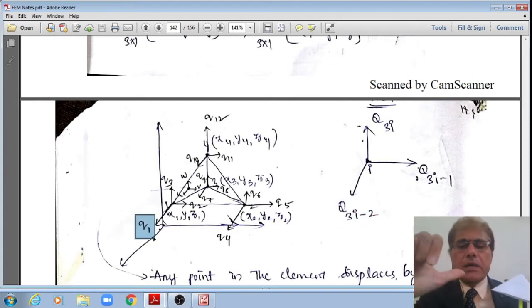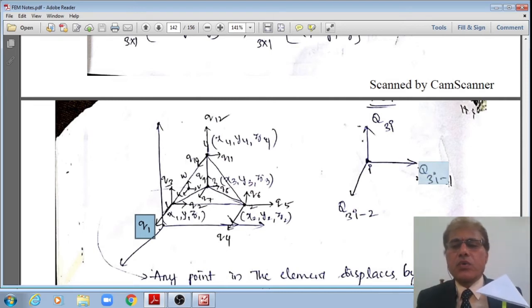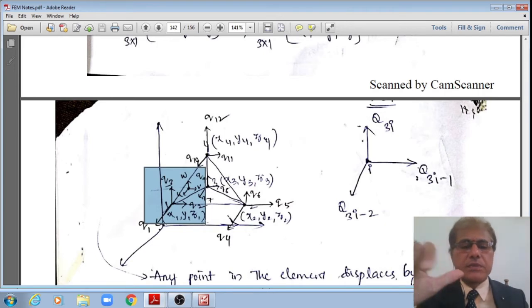Hence the degree of freedom in x direction at node 1 is q1. Similarly, in the y direction, 3 minus 1 means 2, that is q2. Then for the third degree of freedom, 3 multiplied by 1, q3. That is how at node 1, the degrees of freedom are q1, q2, q3 respectively.